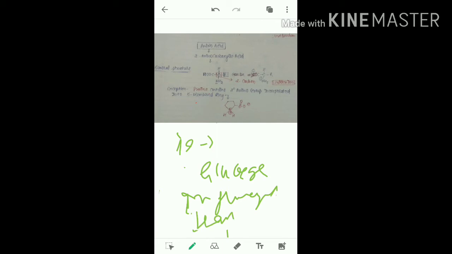For example, glucose in gluconeogenesis, heme, and the purine and pyrimidine bases and other molecules.